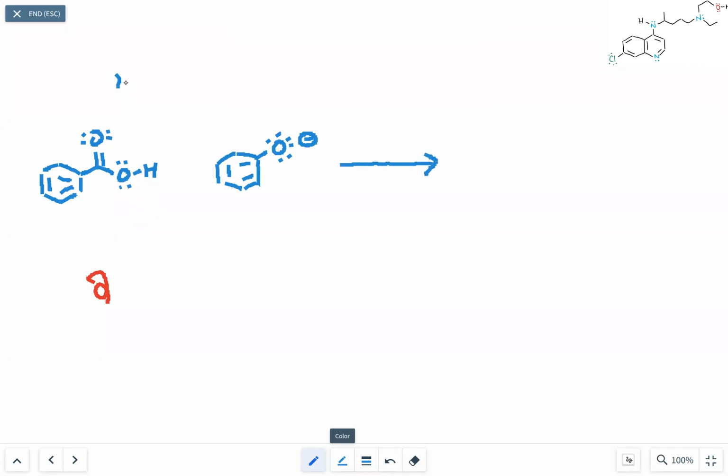We stipulated that there was a one-to-one mixture of each one of these molecules, and then there were products here.